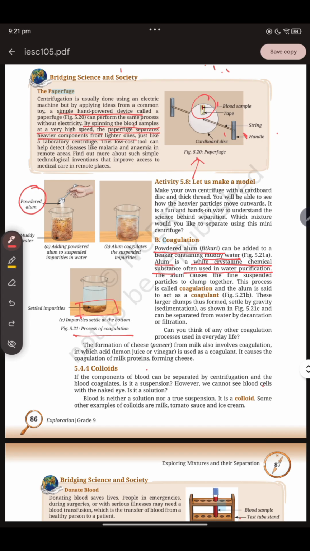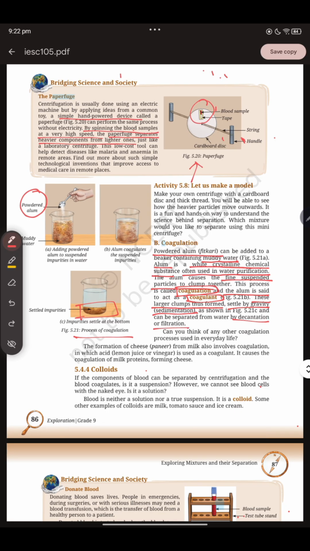Now this alum causes the fine suspended particles to settle down, right? So this method of settling of the particles by adding something to it is known as coagulation, the settling of particles which are remaining suspended. And alum, which is causing the coagulation, is a coagulant, right? Now these larger clumps thus formed settle by gravity, sedimentation, and then you can separate them by decantation or by filtration.